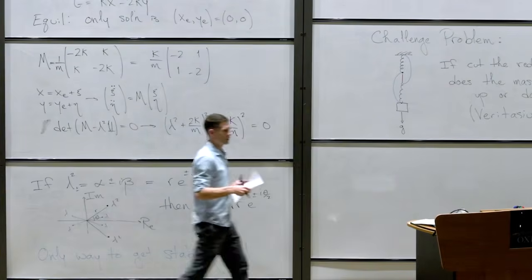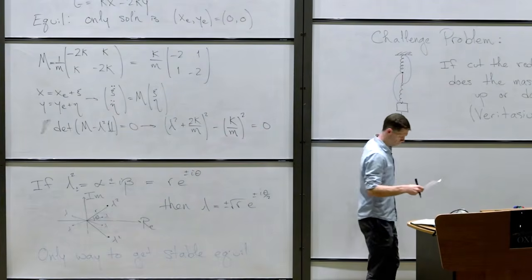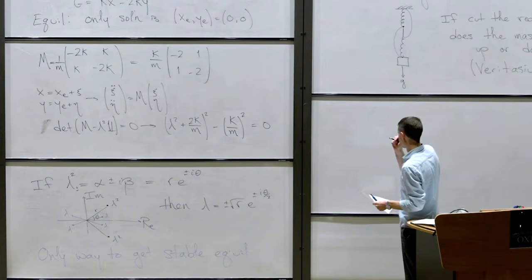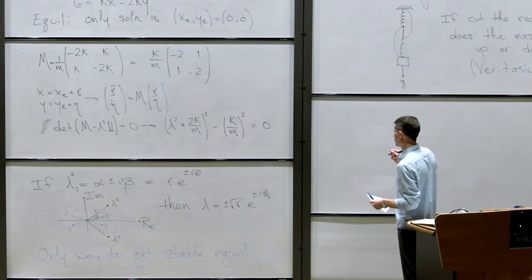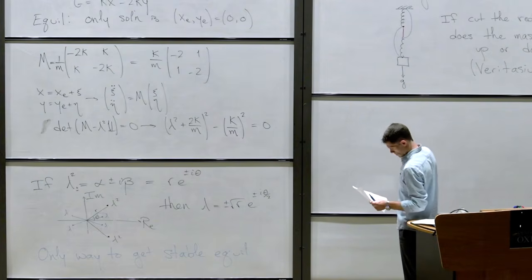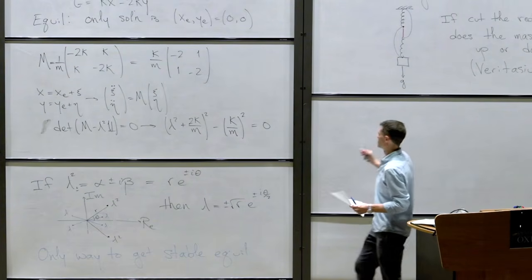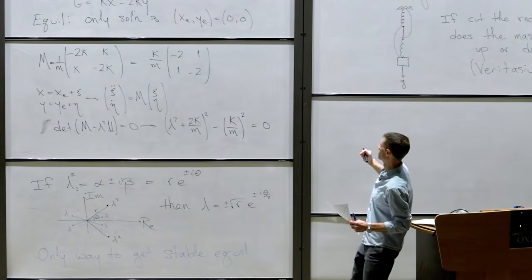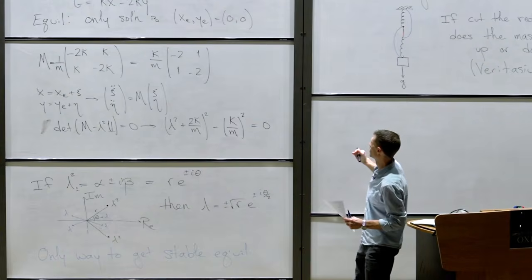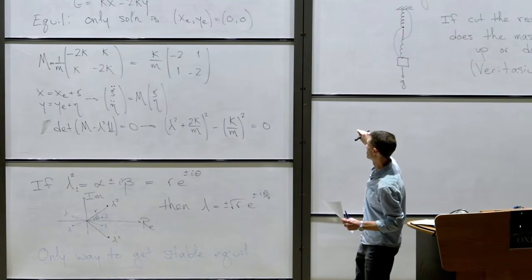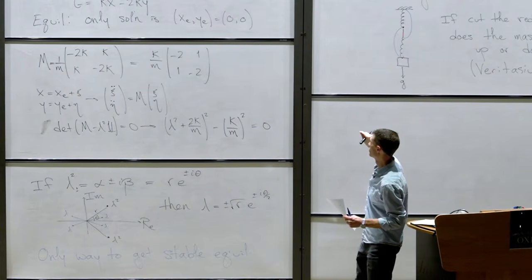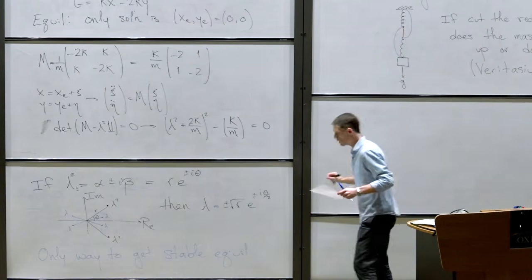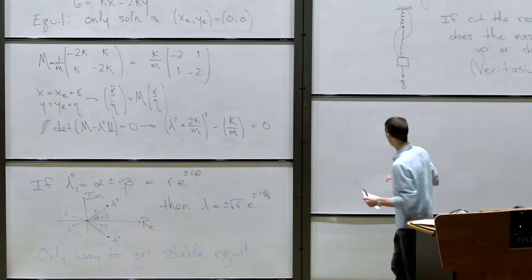My notes say squared, but now I'm thinking that I don't know why that would be squared there. This should just be k over m, right? Minus 2 minus k over m, minus 1. I don't see why. Okay. Possible question there.